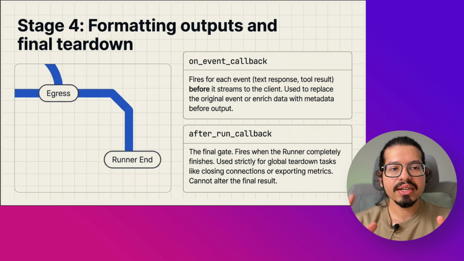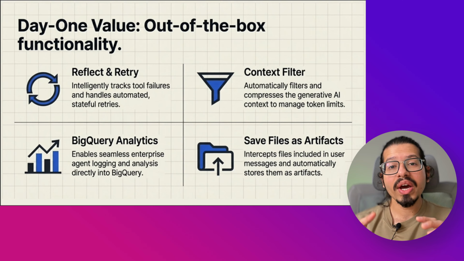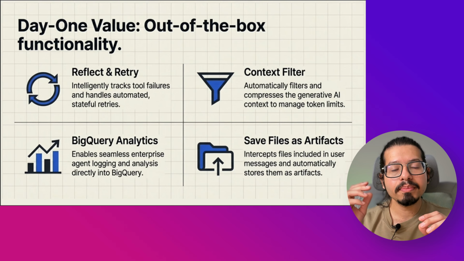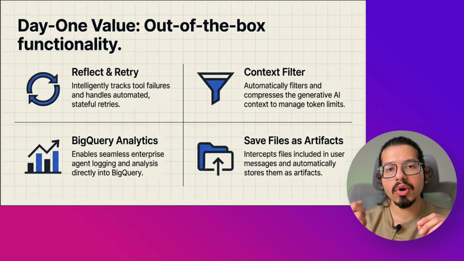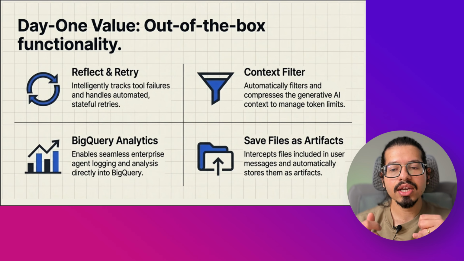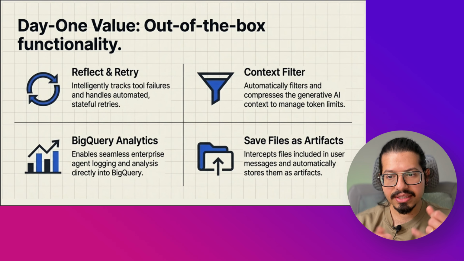Now that we understand the life cycle and where plugins can help us, let's look at what Google ADK already gives us out of the box. One good thing about Google ADK plugins is that we don't have to start from scratch. There are already some pre-built plugins that we can use from the get-go. Some of the built-in plugins are Reflect and Retry, which intelligently tracks tool failures and automatically handles retries.